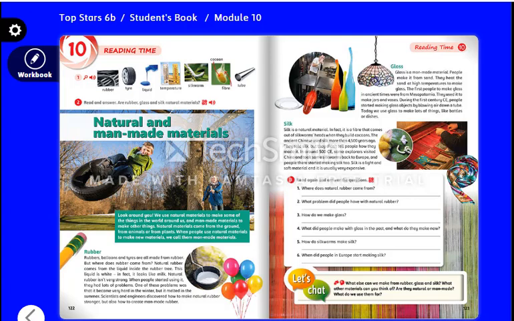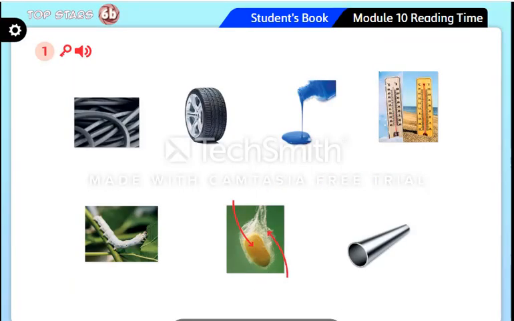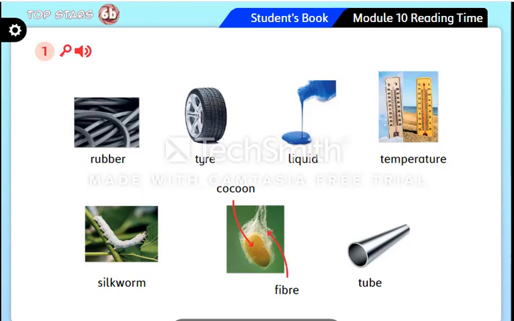Our lesson today is reading time, student book page 122. Let's start our lesson with a new vocabulary. Module 10. Reading time. 1. Vocabulary.